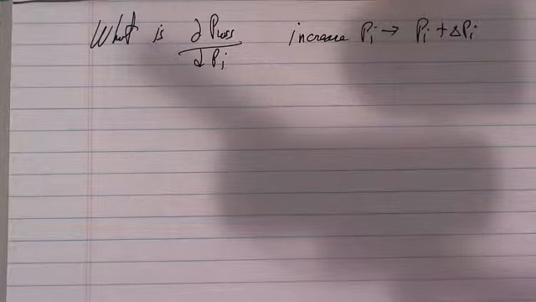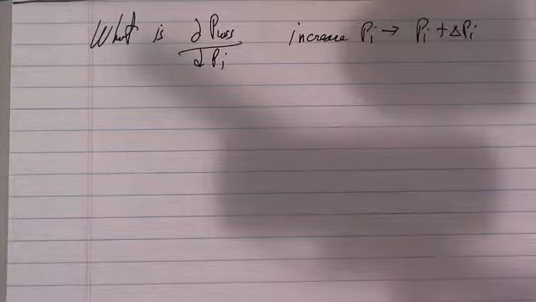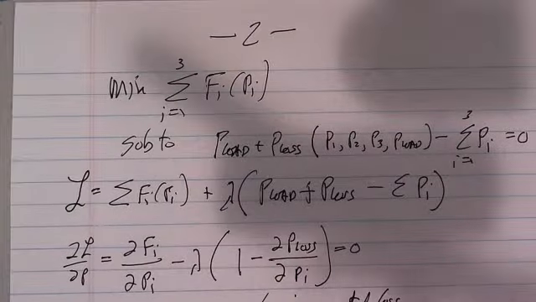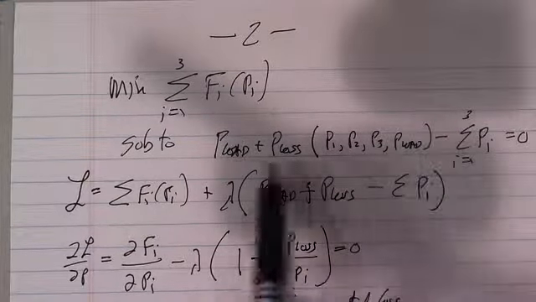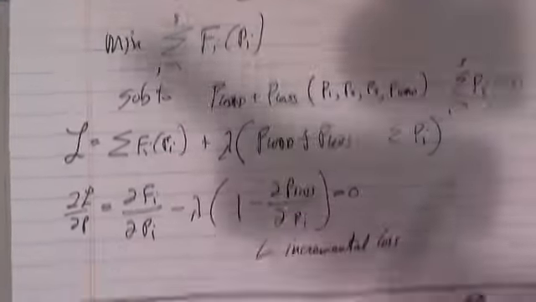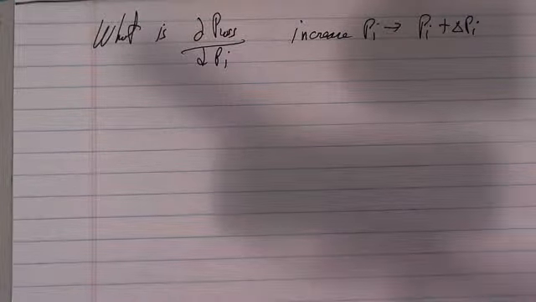If I do, we have violated our load plus loss balance. Let me pull it back. If I just increase it on one, then this equation, P load plus P loss minus the sum of Pi equals 0, is no longer in force. In other words, our load generation balance has gone haywire. So I've got to compensate for that.